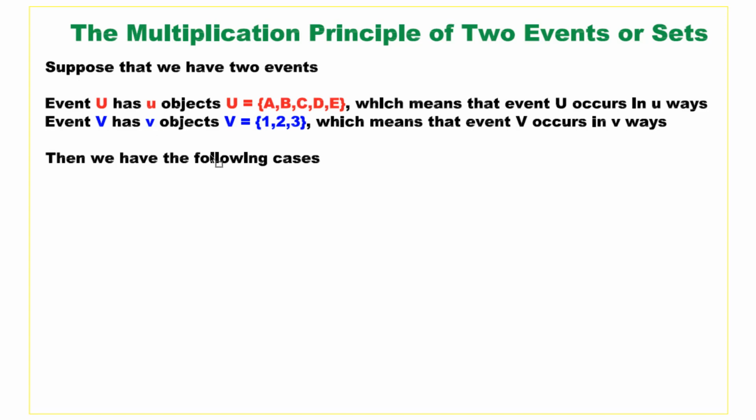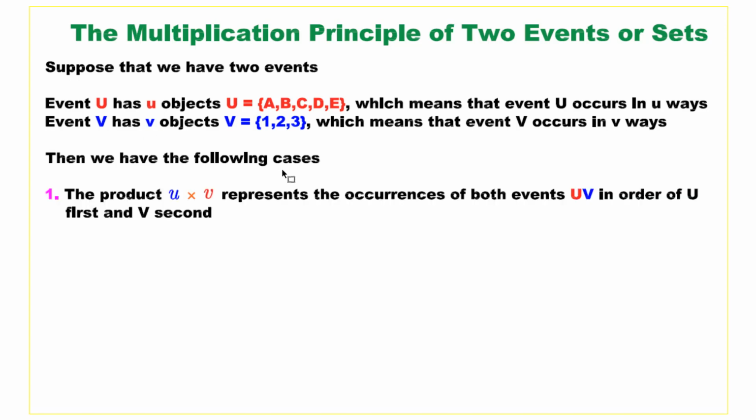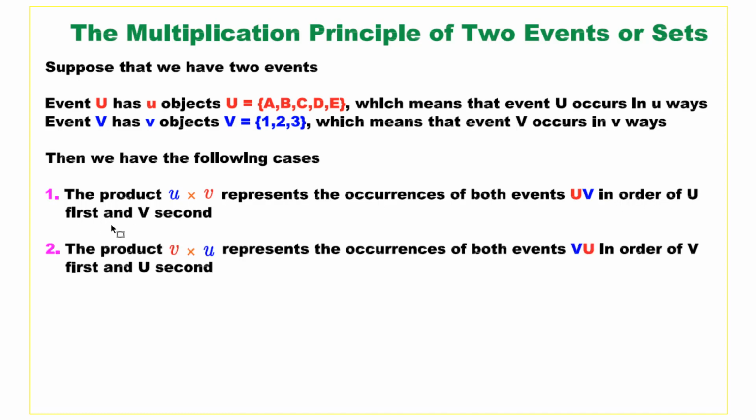Now we have the following cases. Case 1, the product U times V represents the occurrences of both events UV in the order of U first and V second, while V times U represents the occurrences of both events VU in the order of V first and U second.